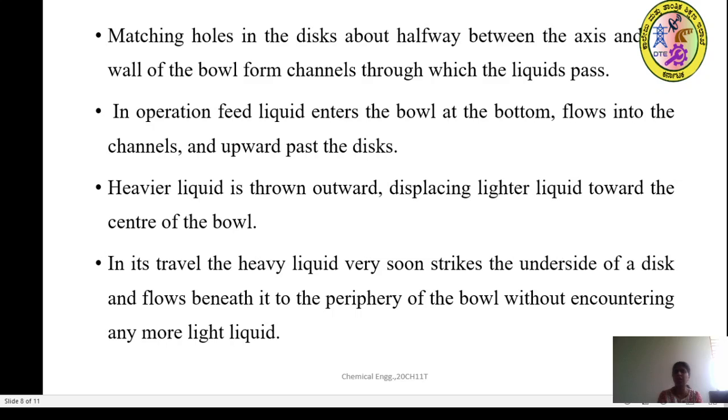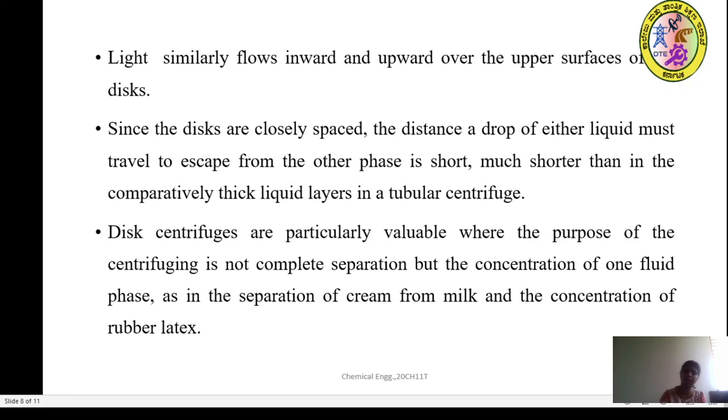The heavier liquid will soon strike the underside of the disc and flow beneath it to the periphery of the bowl without encountering any more light liquid. Similarly, the light liquid flows inward and upward over the upper surfaces of the disc.